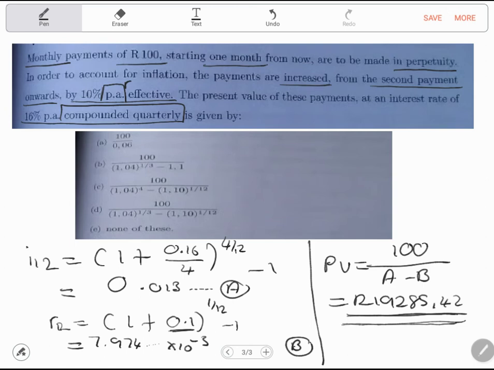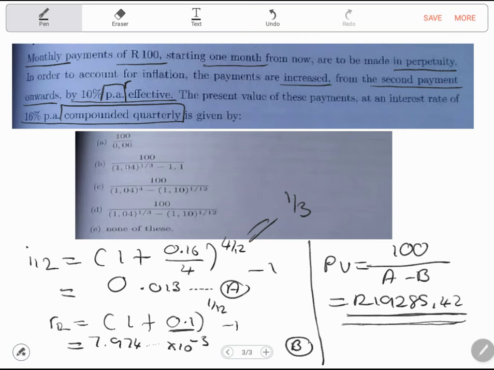So, 100 over A minus B. Our A was our i12, which we got by saying 1 plus 0.16 over 4, to the power 4 over 12. Essentially, 4 over 12 is the same as 1 over 3, because in the options they have simplified. 16% divided by 4 is 4%, so 0.04.